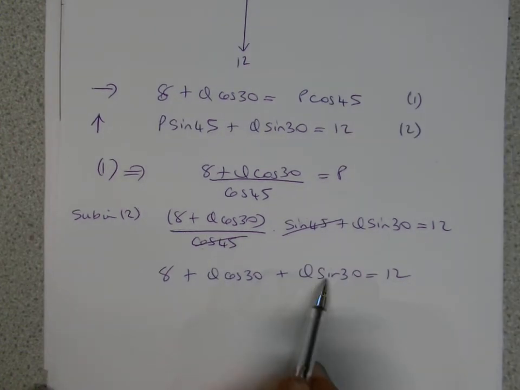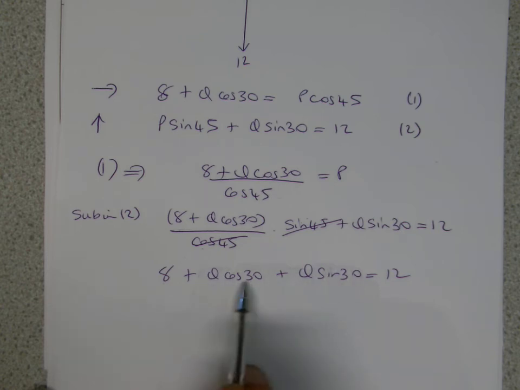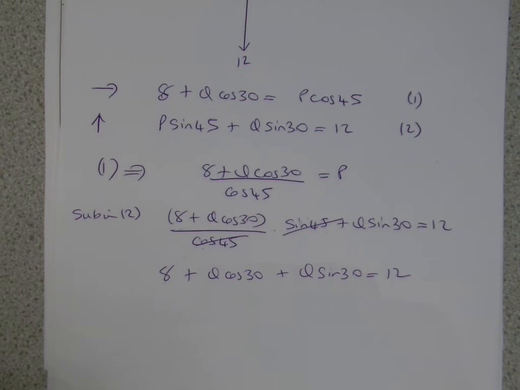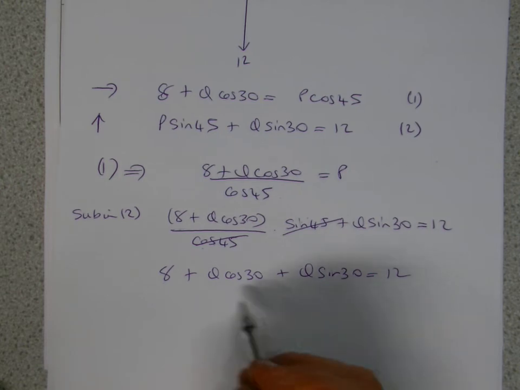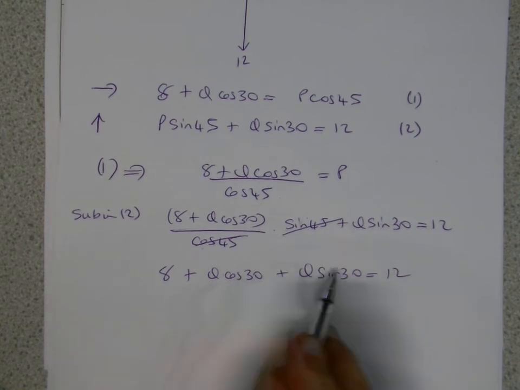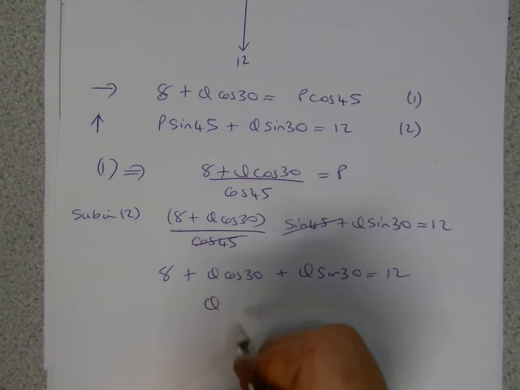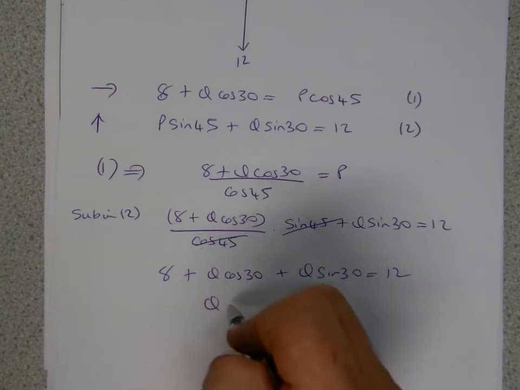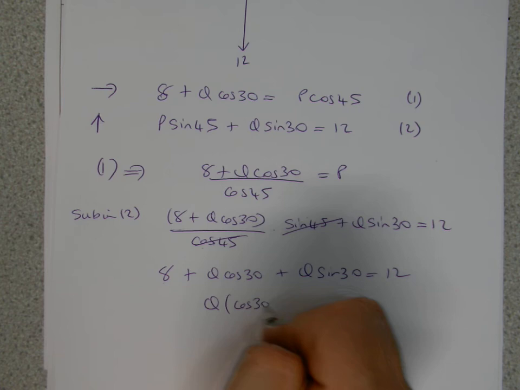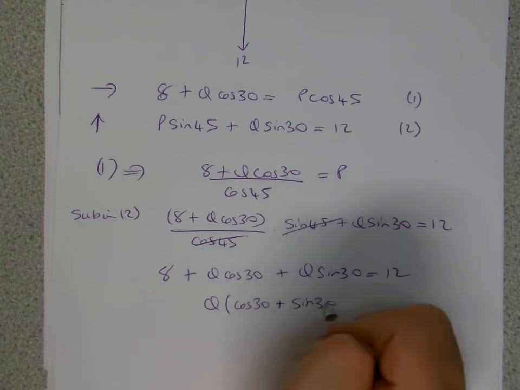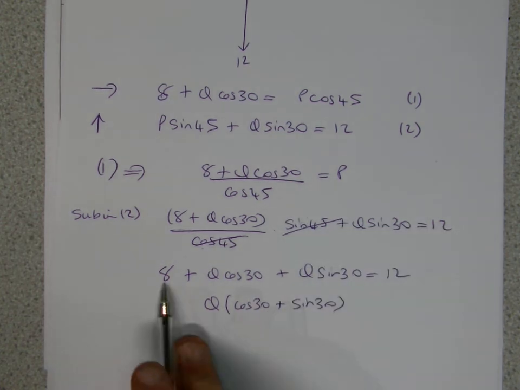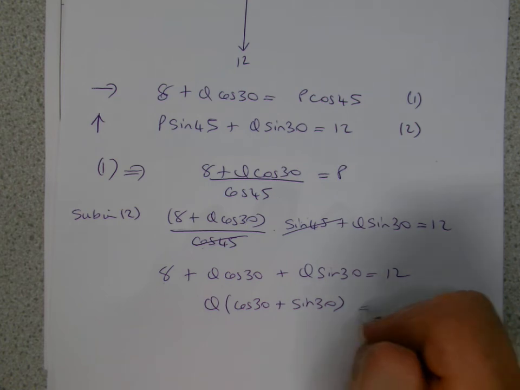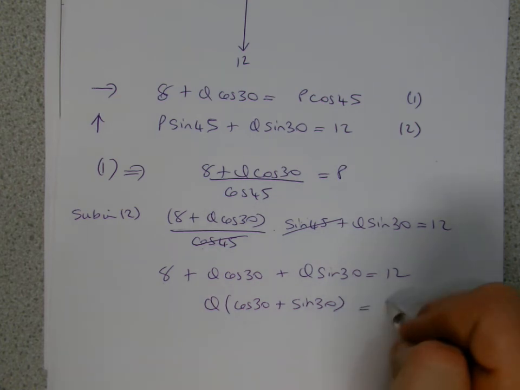Now the next step is we'll take that 8 over to the side, but notice here we've got Q cos 30, Q sine 30. What are we meant to do with these? We could work out cos 30 on a calculator, sin 30 on a calculator, but the other step is you could think, well, there's Q in both terms, so let's factorise out that Q. So we have Q times cos 30 plus sin 30. And remember, I've taken that 8 over, so that becomes 12 take away 8, that becomes 4.